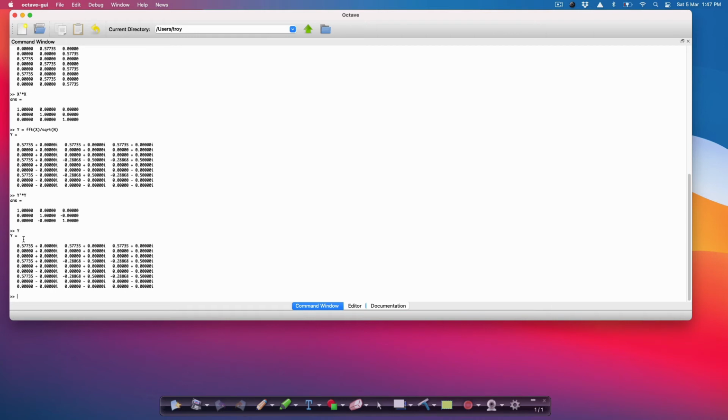The first column of the matrix y is the Fourier transform of G0. The second column is the Fourier transform of G1, and the third column is the Fourier transform of G2. Each column of y is the Fourier transform of the corresponding column of the X matrix that we've created. Now you notice something about y.